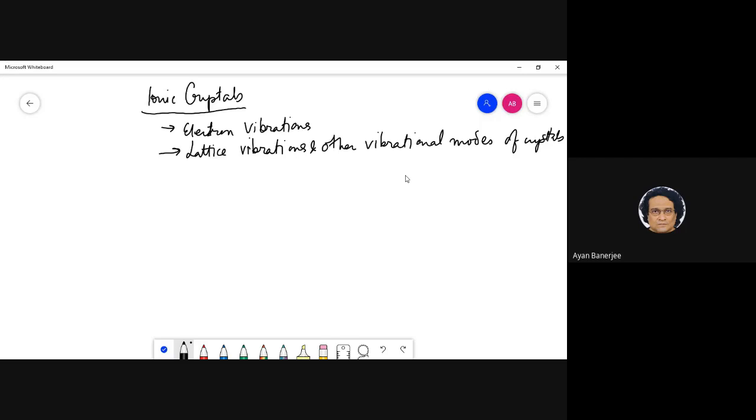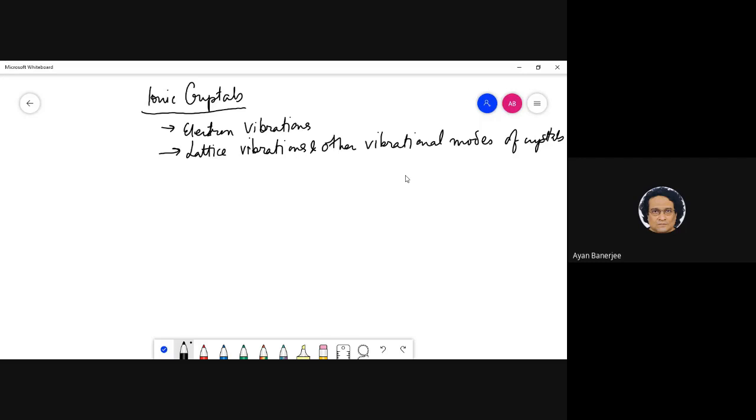Remember, the molecular vibrations mean they are doing some transition from one level to the other, and the lattice vibrations happen in the form of phonons and other interesting things.